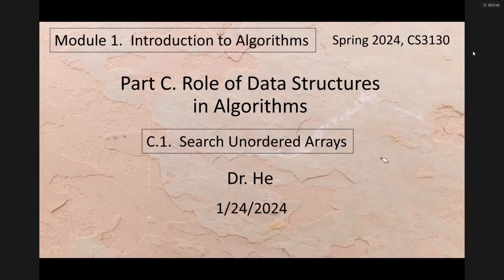Title: Role of Data Structures in Algorithm. C.1. Search unordered arrays. Here, I want to address the point that data structure, its role, is very important in our algorithm design, especially for advanced, complex algorithms. Many times, we need to rely on advanced data structures.